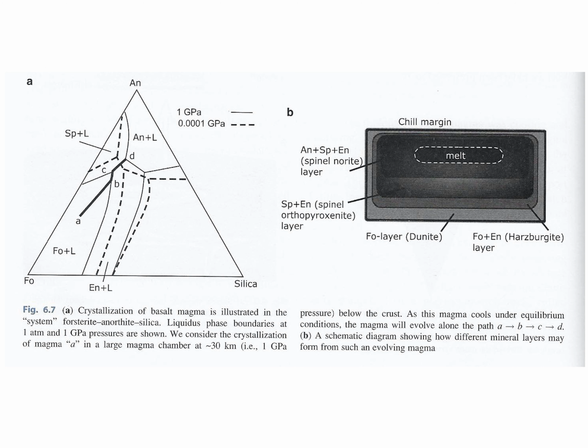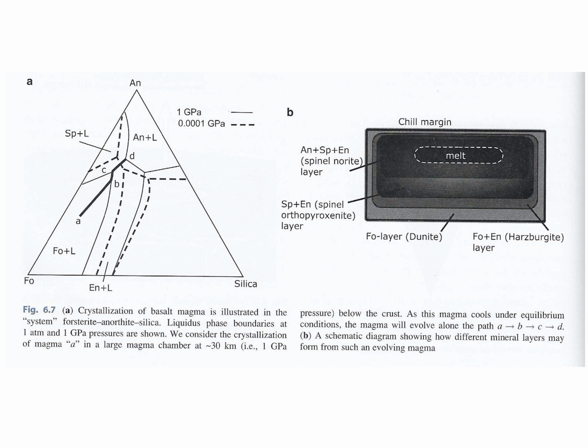A: crystallization of a basalt magma is illustrated in the system forsterite, anorthite, silica. Liquidus phase boundaries at 1 atmosphere and 1 gigapascal pressure are shown. The dashed line is at 1 atmosphere, and the solid thin line is at 1 gigapascal. You can see again how the boundaries move with increasing pressure.